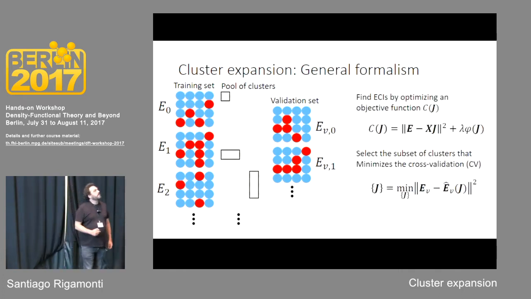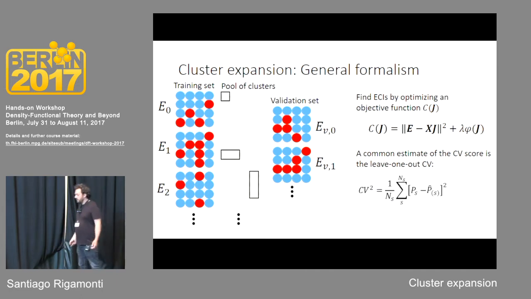Then what you do is you propose a set of clusters, you optimize this objective function, and then you calculate the prediction error just for these two structures. Then you change the set of clusters, you optimize the objective function, and you calculate this again. And then you select those clusters that minimize the prediction error on new structures. So this is called the cross-validation method, and there is a number that represents this quantity. It is the cross-validation score. So you can use, for instance, the leave-one-out cross-validation.